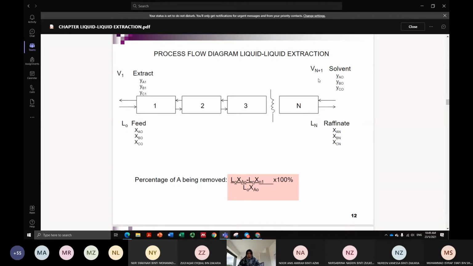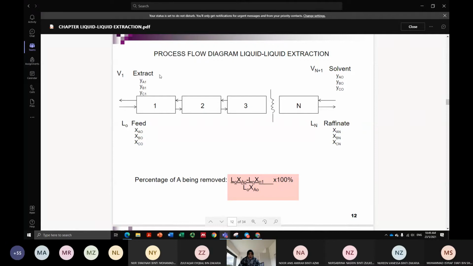But you need to understand the symbol V1 also represents liquid phase, Vn plus 1 also liquid phase. L is definitely for liquid phase. But for liquid extraction, we use L0 for the feed, and Ln for the raffinate. All right, so this is a process flow diagram.